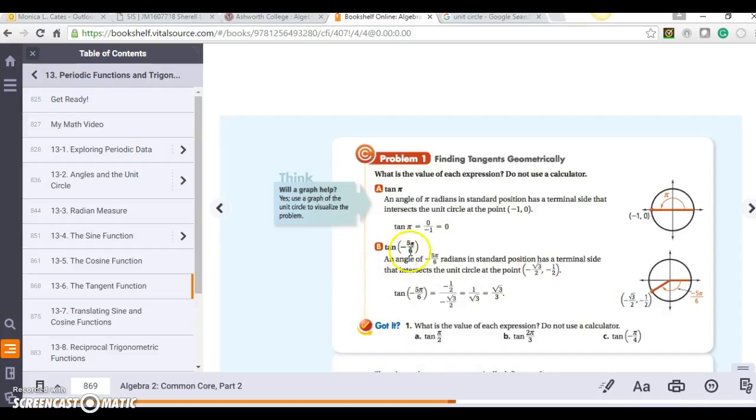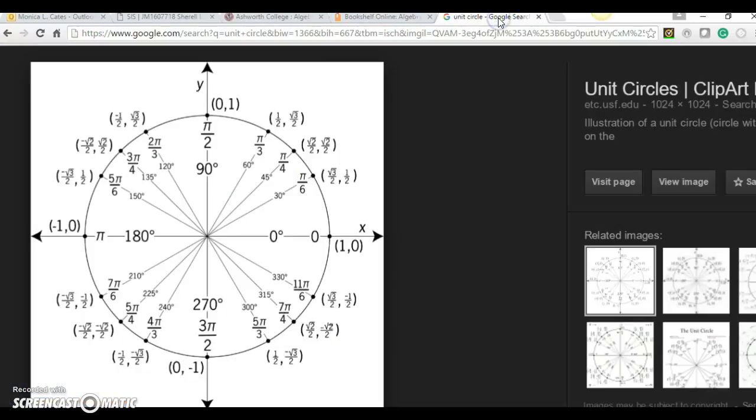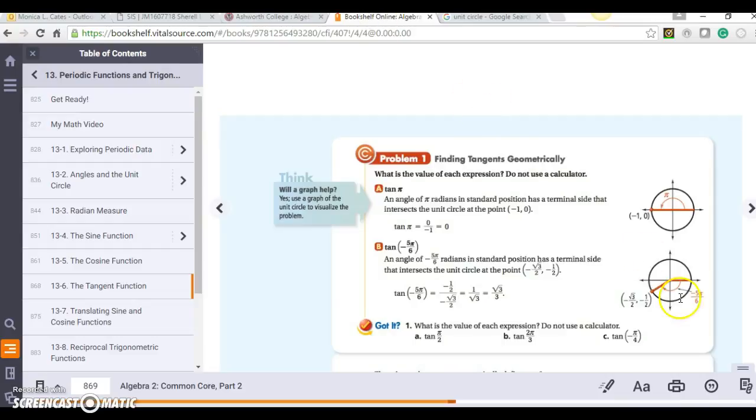It says the tangent of -5 pi over 6. So I'm going to pull up my unit circle again. I have 5 pi over 6 here. So the negative of 5 pi over 6 would be here. I'm just flipping, and the negative of that would be right here. And that's the same thing they got.